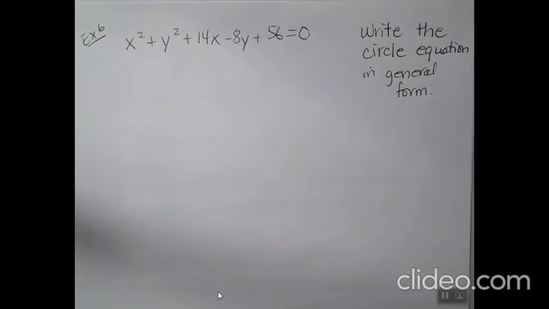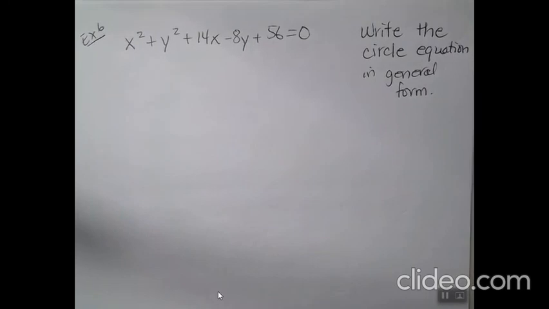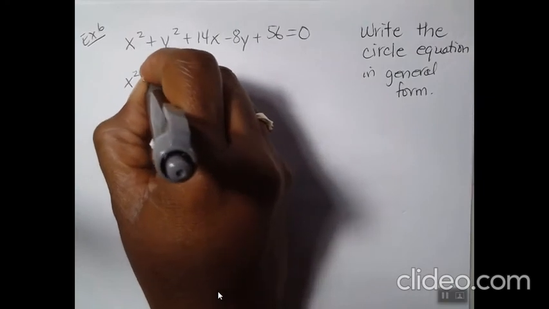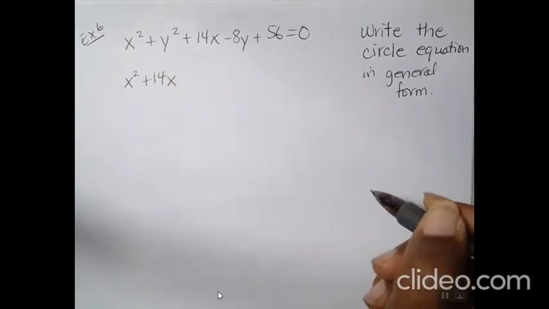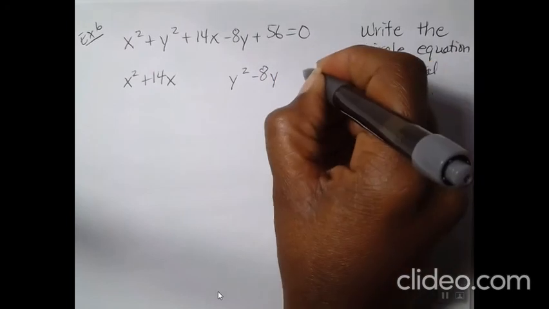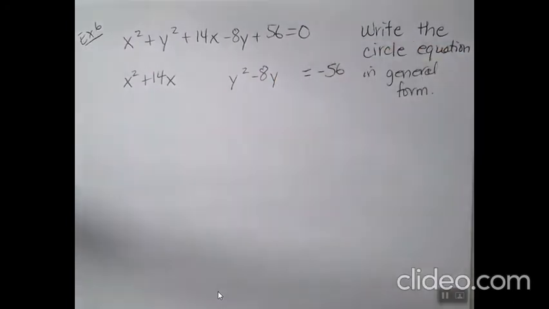So let's see what we have. Well, we have x squared, y squared, such and such. Let's put the x's and the y's together. So x squared plus 14x. Then we have y squared minus 8y. And let's move the 56 over to the opposite side of the equal sign.